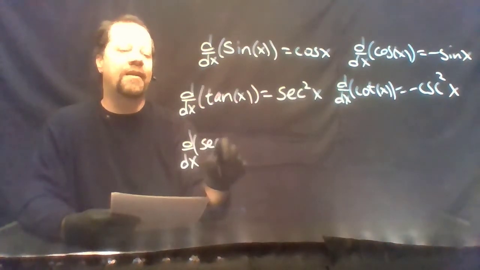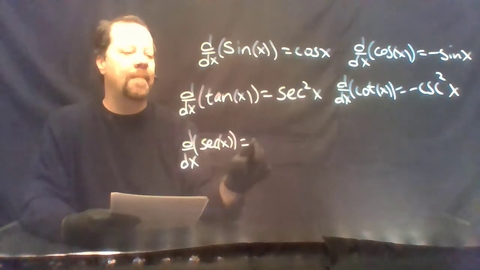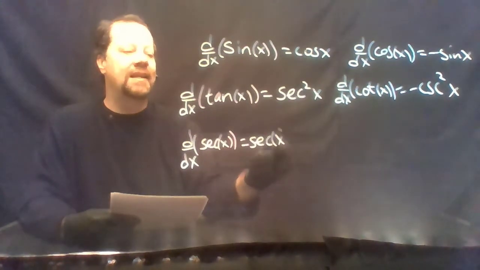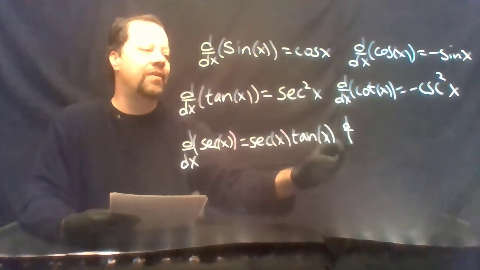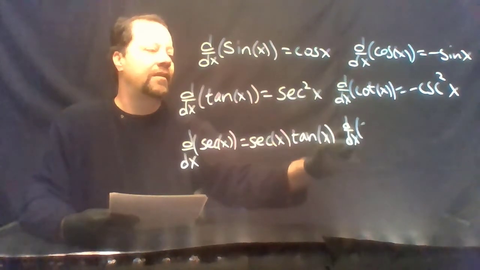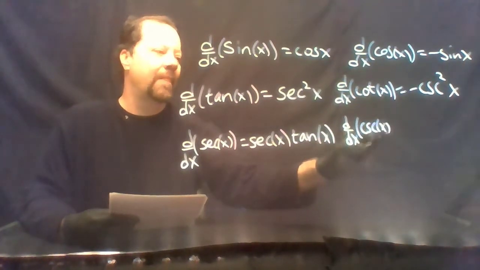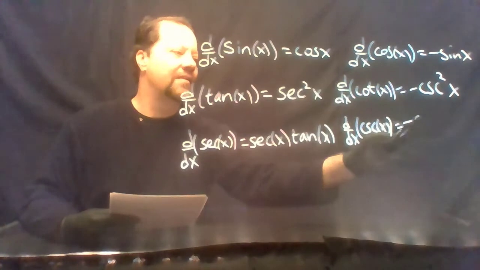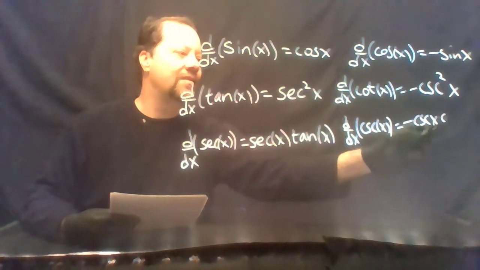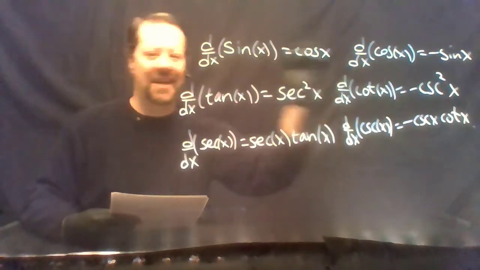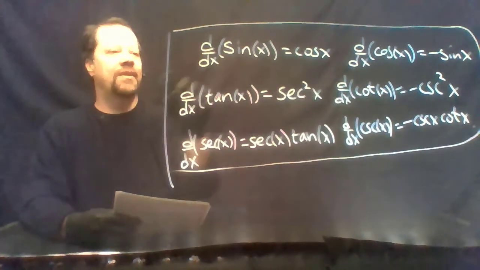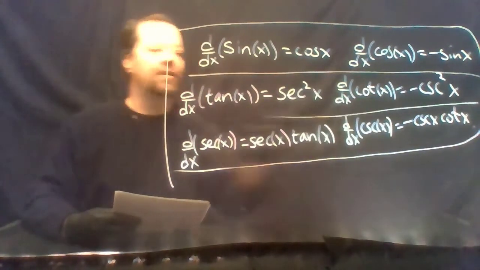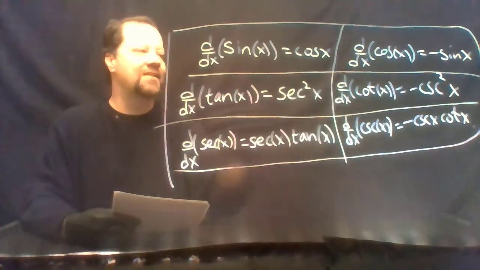The derivative of secant of x is secant of x tangent of x, while the derivative of cosecant of x is minus cosecant x cotangent x. The table should look something like this.